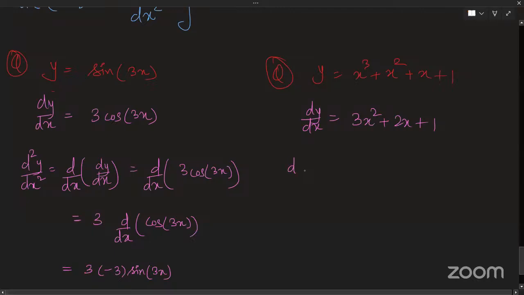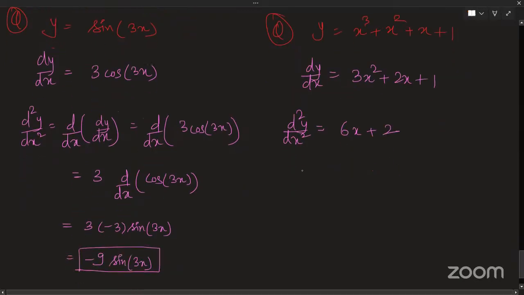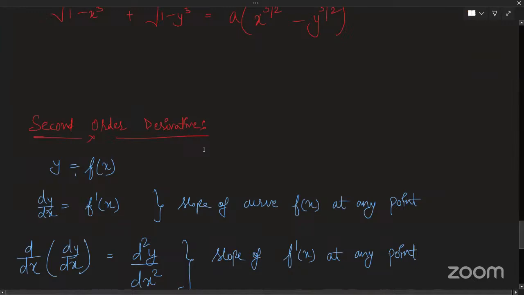If I ask you to differentiate it 2 times, now you need to differentiate your dy by dx. Can you tell me what will be your second derivative? 6x plus 2. Great. So this is what we call the second order derivative.